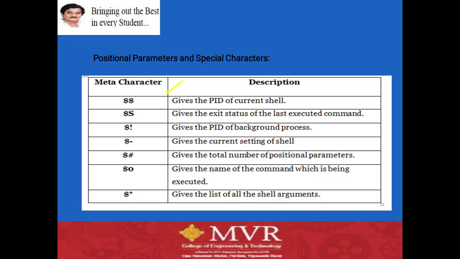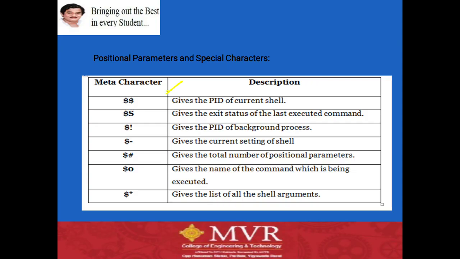Whenever you use the dollar symbol with a question mark, it stands for status. Whenever you want to check whether the given command executed successfully or not, this is called the status of the command. While writing programs, we may need to check whether the previous command executed successfully or not.